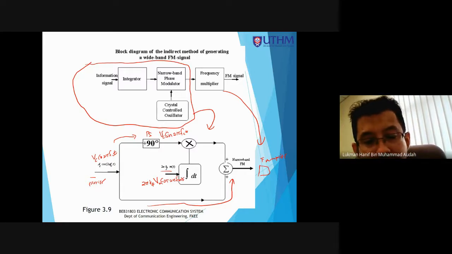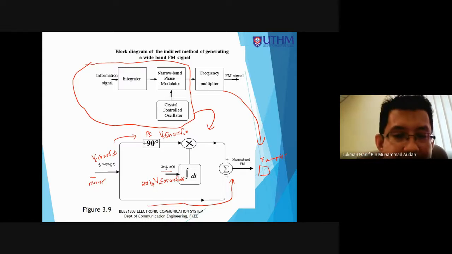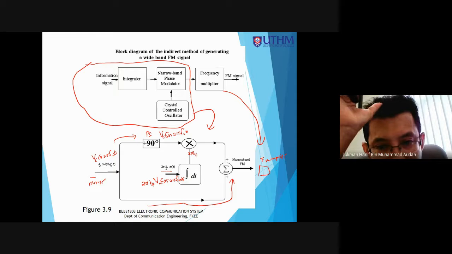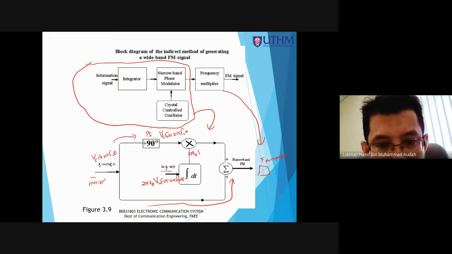Okay. And then what? We do the integral. Kita buat kamiran di sini. Integral over time. That means apabila kita buat kamiran, apa yang berlaku if we integrate cos, we're gonna get positive sine, which means that this over here is 2 pi kf VM, okay, VM sine 2 pi fMt.